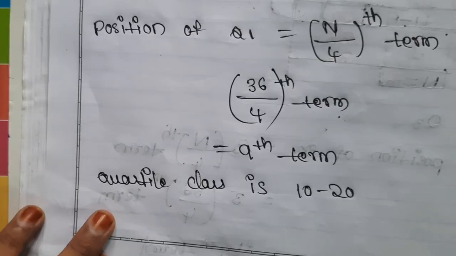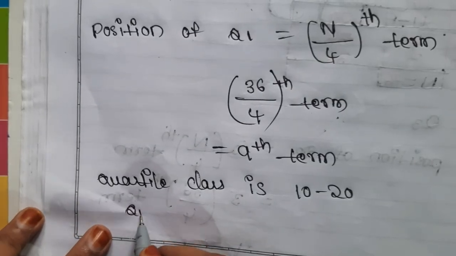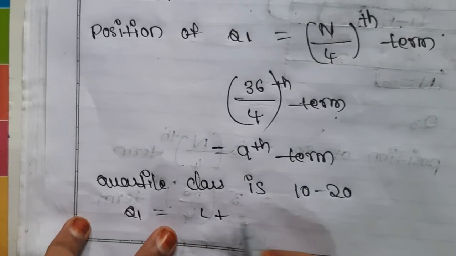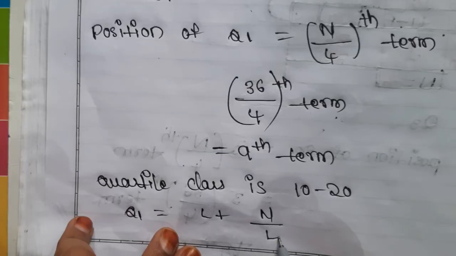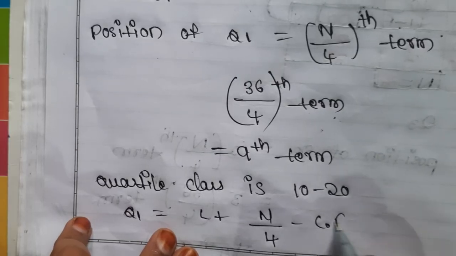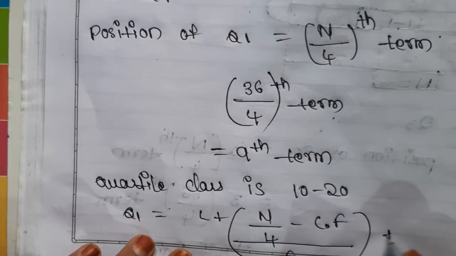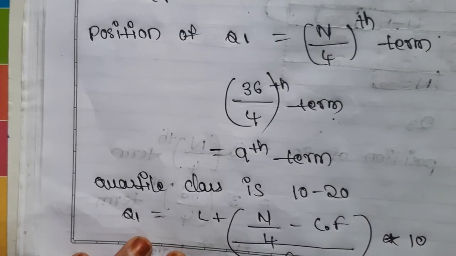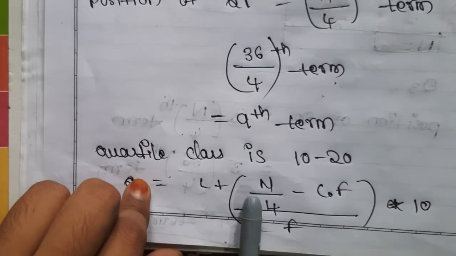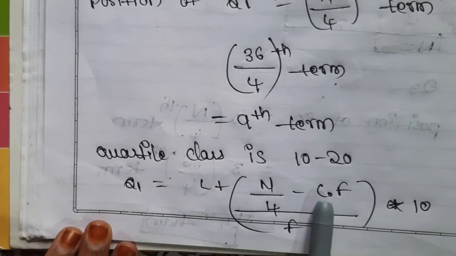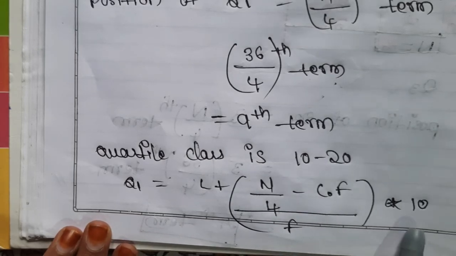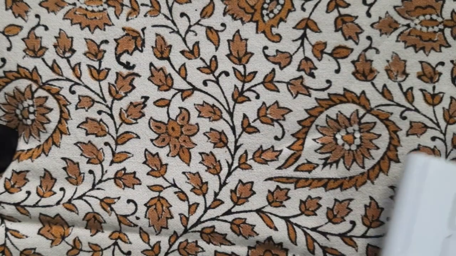Now let us see the formula of Q1. Q1 formula is L plus n by 4 minus CF by f multiplied by 10. Now we will be substituting all the values into the formula.